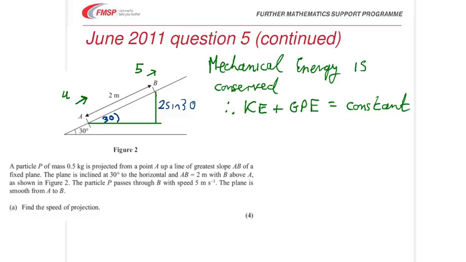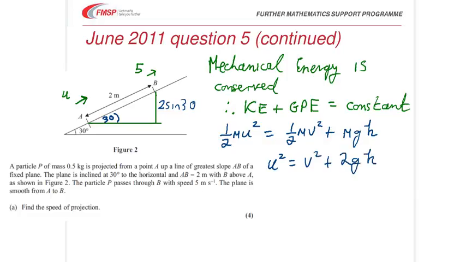So using that idea that I've written in green, we can come up with this simple equation: a half mu squared must equal a half mv squared at the top of the slope at B plus mgh. There's no need to bother to put the masses in because they'll cancel out, and we can double things as well. So u squared equals v squared plus 2gh.